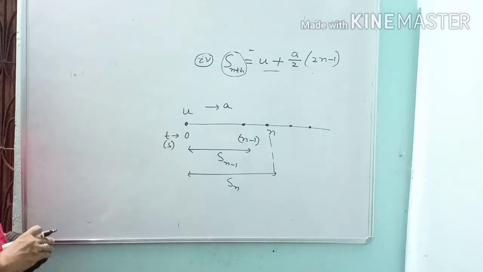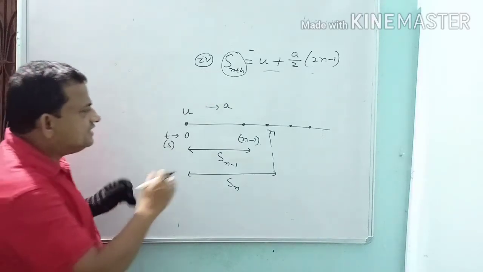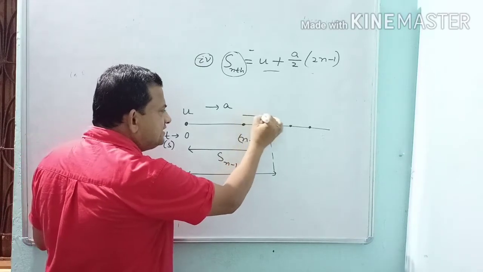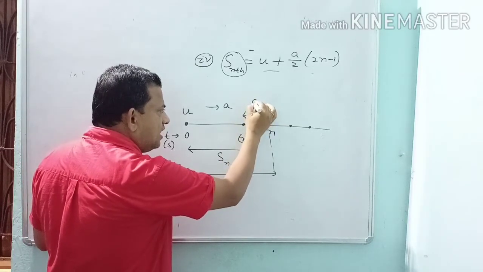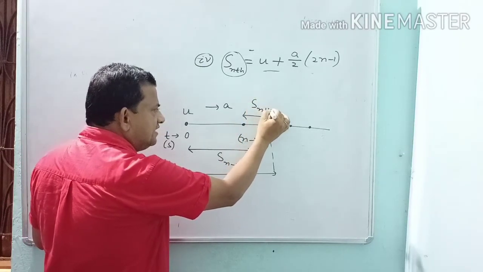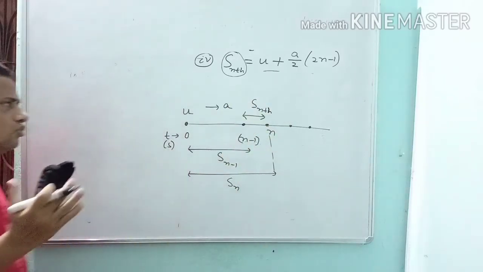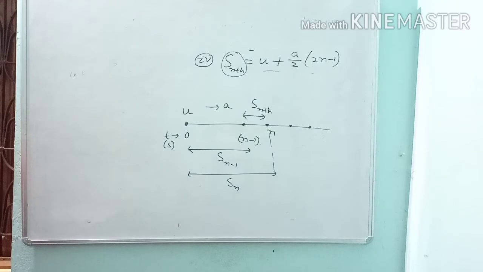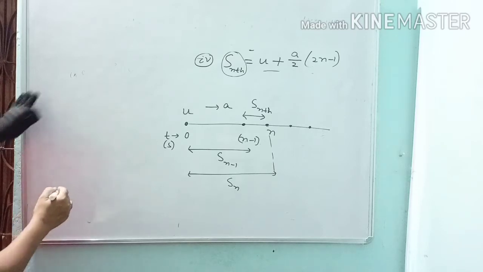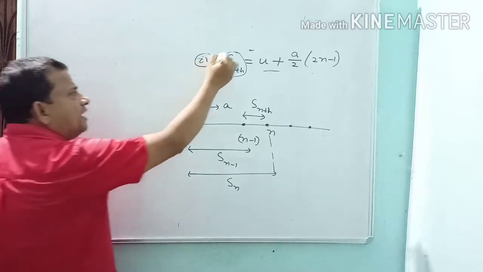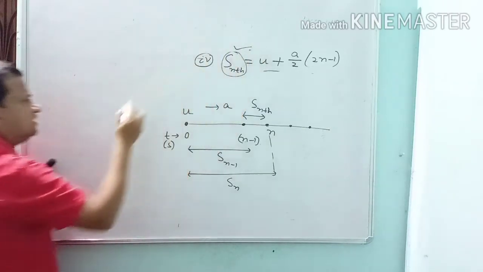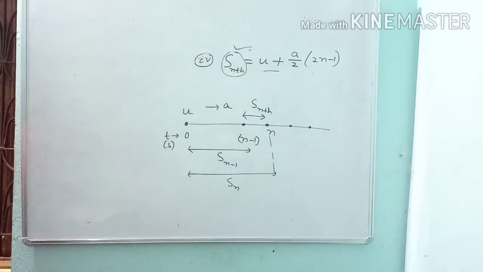So what is the Snth? Actually, this distance is Snth. So how do we obtain it through differentiation or integration? Since we are finding this displacement, what equation do we have?